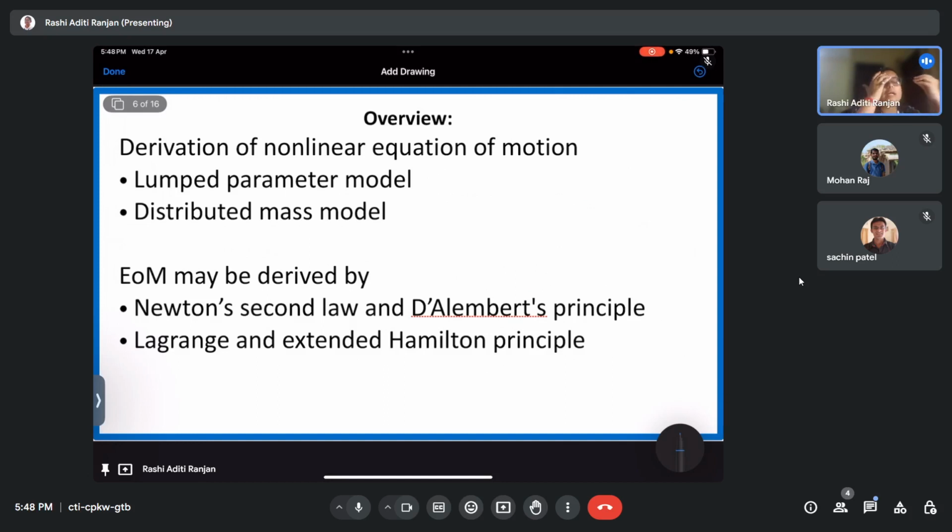It would depend upon what kind of application I'm using the system in. As an engineer, if I want to model a system, I would first see how its behavior is, whether it is oscillating in one direction or in two directions. Like in the case of a beam, how many degrees of freedom does it have?